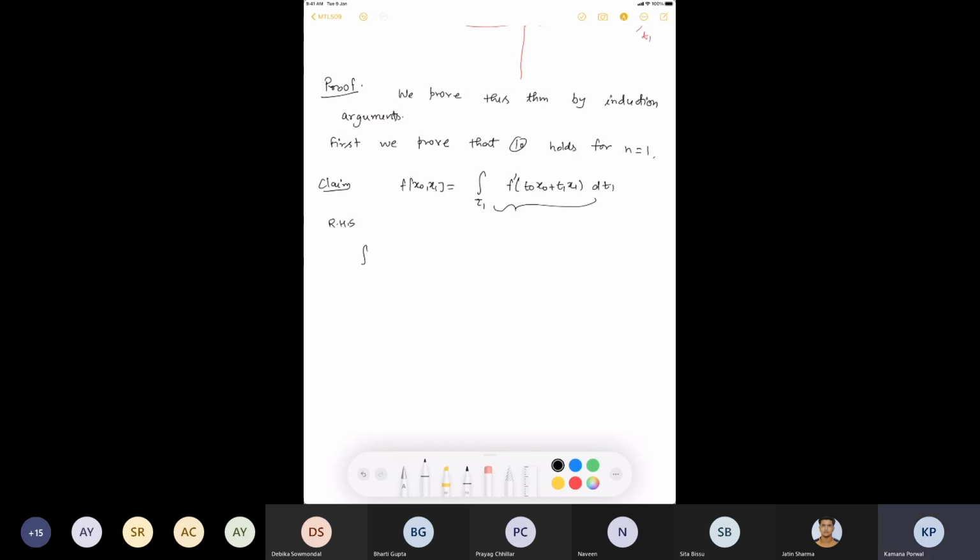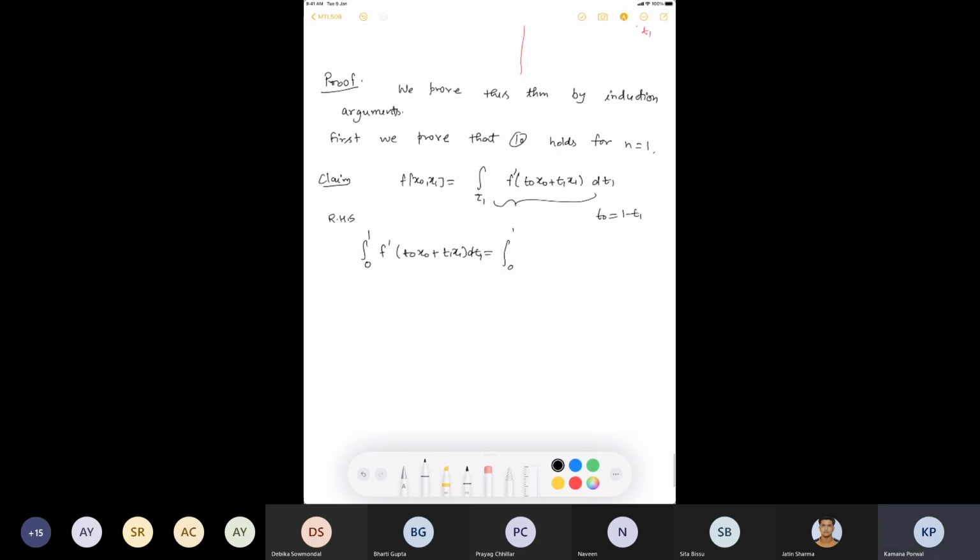So what is the reason? Tau 1 is nothing but the interval 0 to 1 of f prime, and t0 is, what is t0? It is 1 minus t1, right? So the integral of f prime of t0 x0 plus t1 x1 dt1 equals the integral from 0 to 1 of f prime.